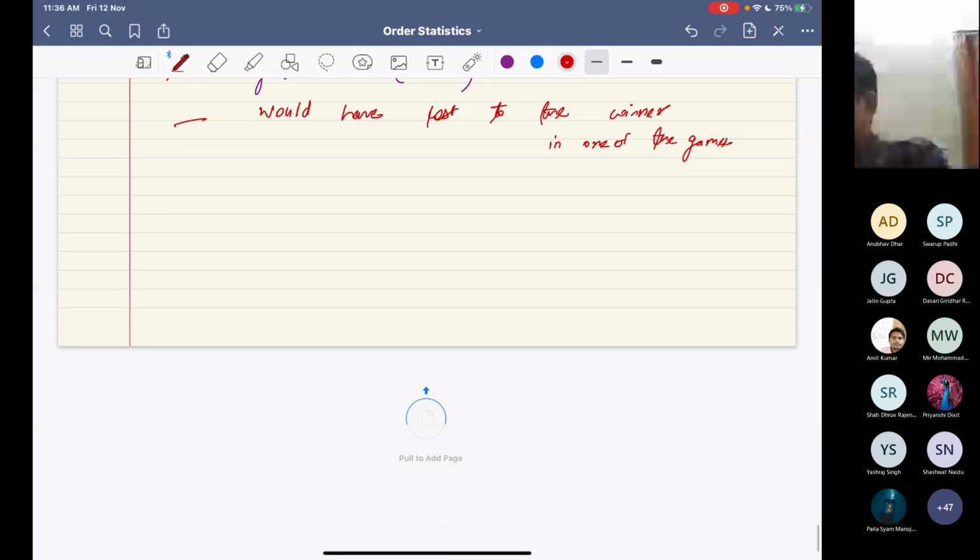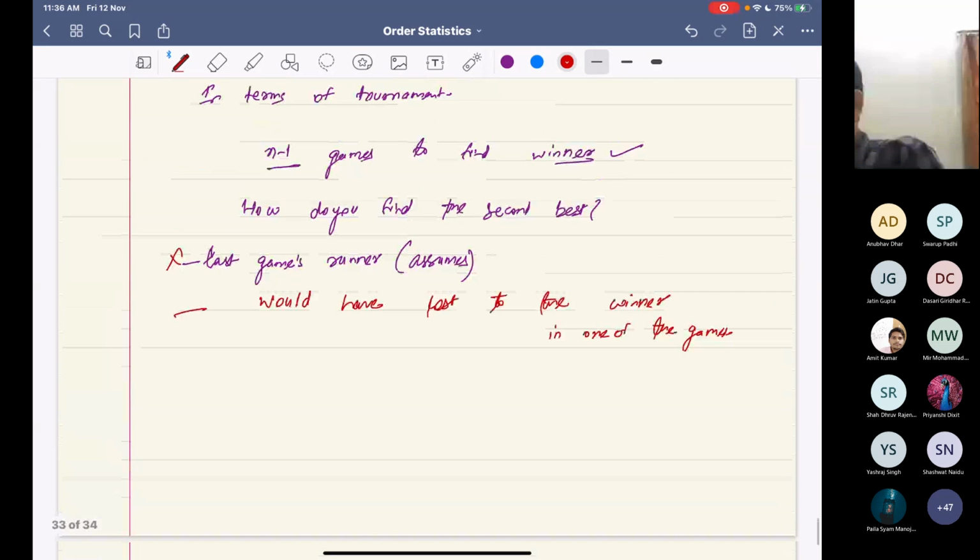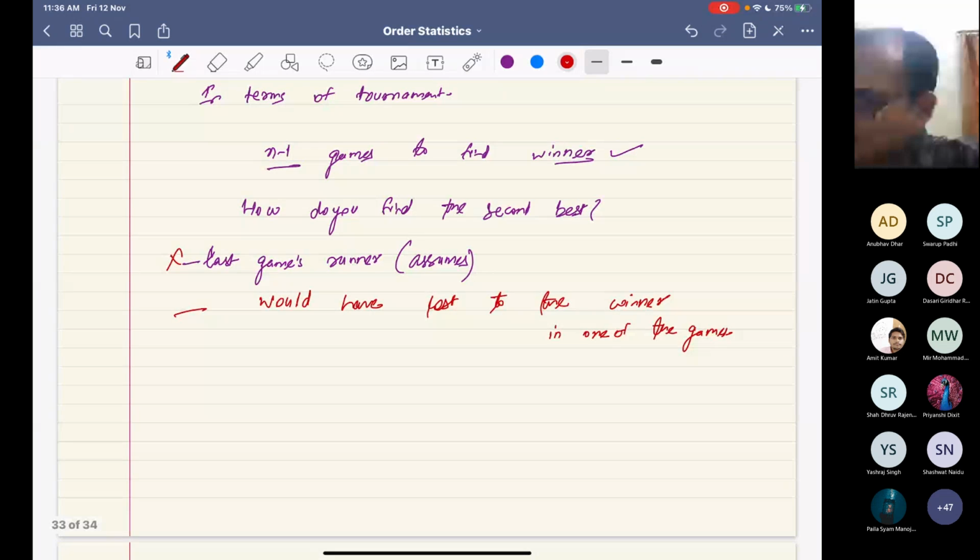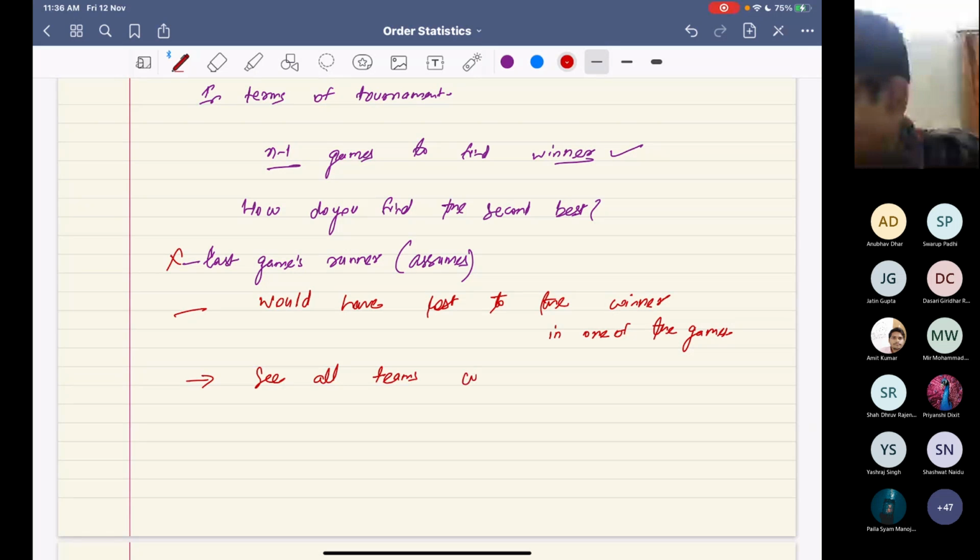So then what does that mean? How do you find out the second best? For that, you have to see all the teams who have lost to the winner. Let's suppose there are k teams.